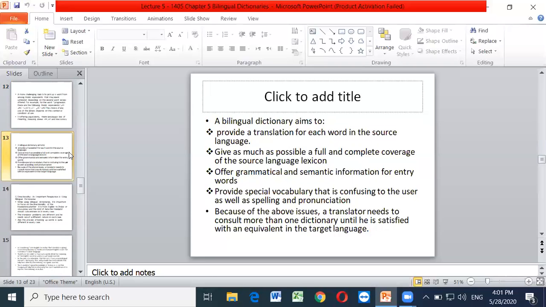That is, if you are using an English-Arabic dictionary, you should use النفيس, for example, you should use المغني الأكبر, and you should use المورد, the three together. This is a precautionary note or a warning. Because of the above issues, a translator needs to consult more than one dictionary until he is satisfied with an equivalent in the target language.